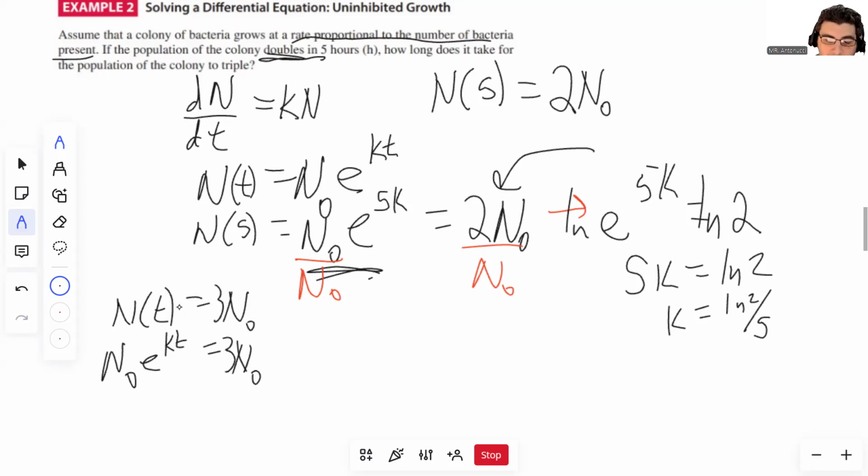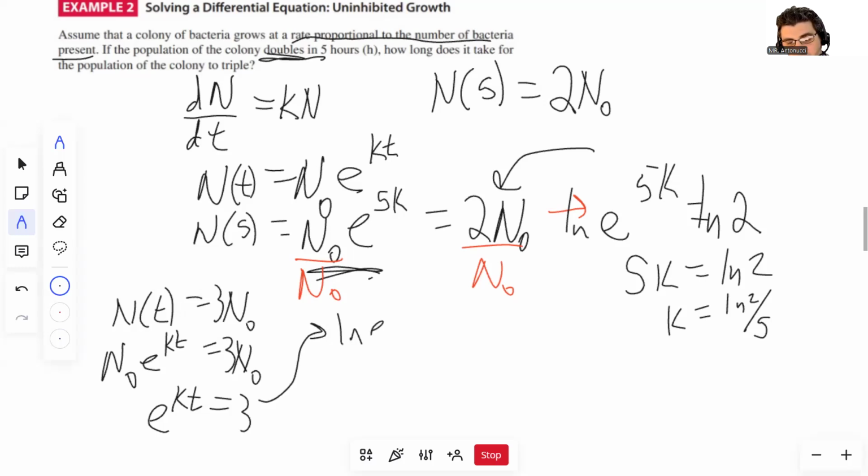We can divide off the N naughts and get e to the kt equals 3. All right, and we could take the natural log of both sides. So natural log of e to the kt equals natural log of 3. So kt equals natural log of 3, and t equals natural log of 3 over k.